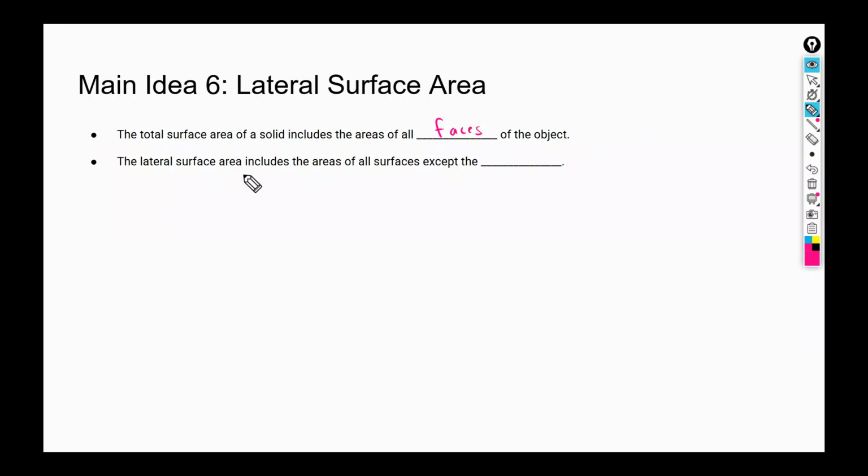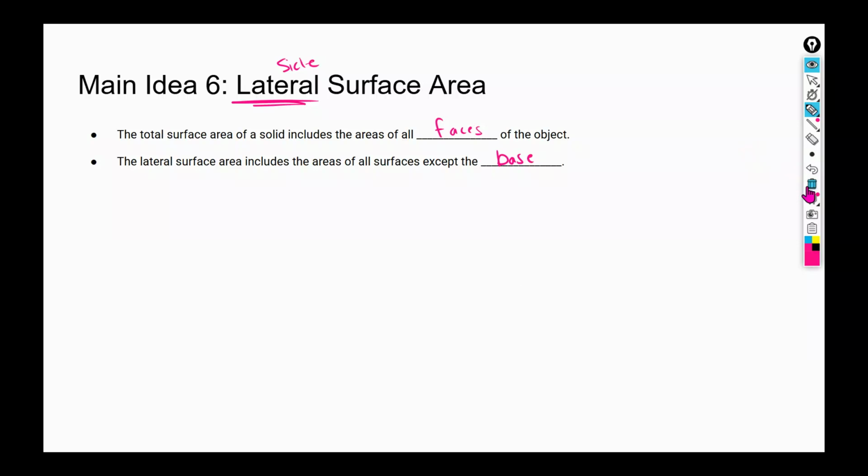The lateral surface area includes the areas of all surfaces except the bases. Lateral means side. So everything except the top and the bottom. Think about a cereal box. You have the back, you have the front, you have the side where the nutritional information is, then you have the top and the bottom.